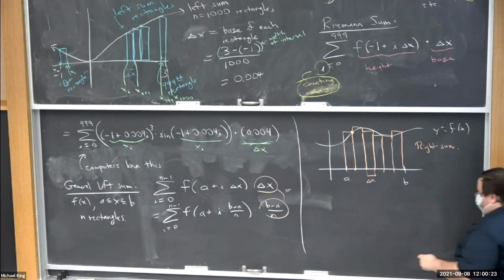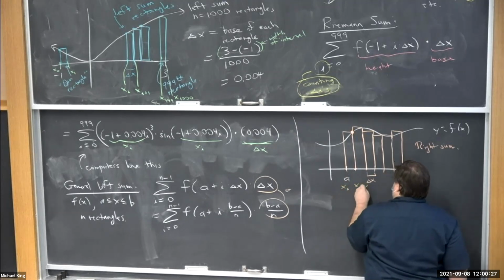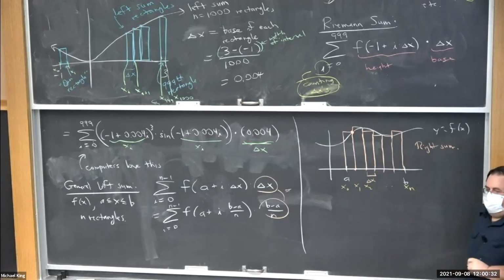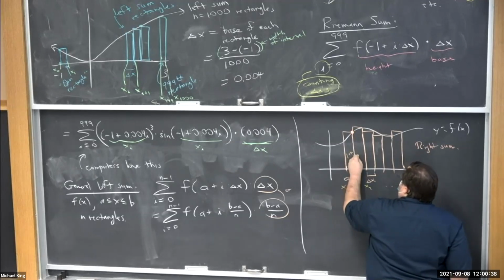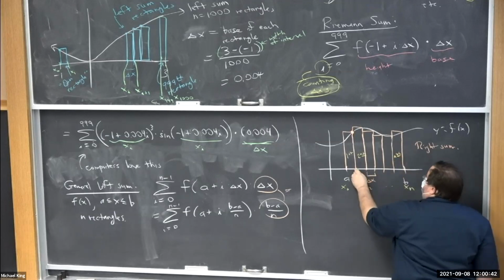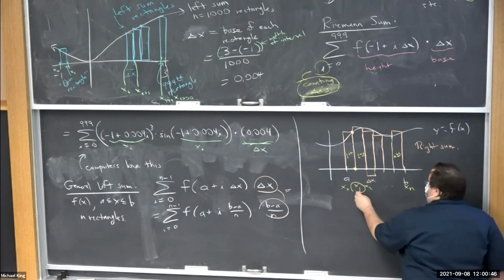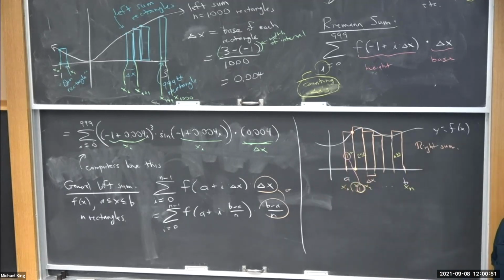And so here, if these were the points, if this is x0, x1, x2 through xn, then this would be the first rectangle, the second rectangle, through the nth rectangle, because I'm plugging in this point, I'm plugging in x1. So that's how I'm counting now, right? x1 is the first rectangle.